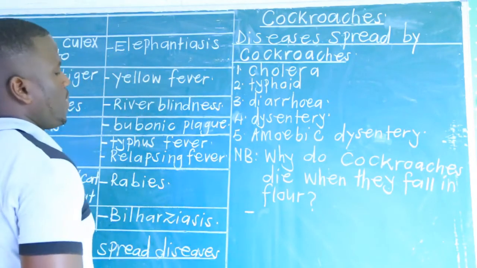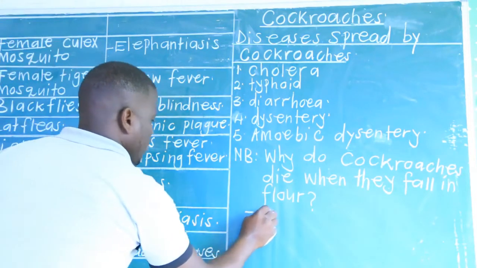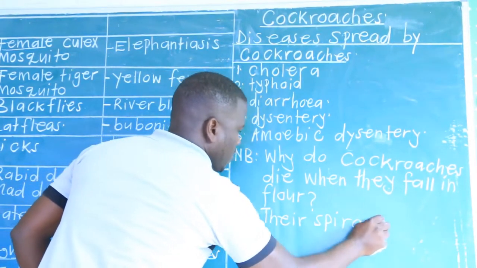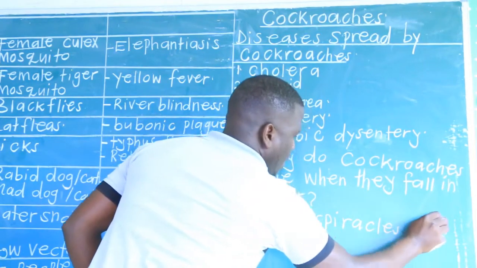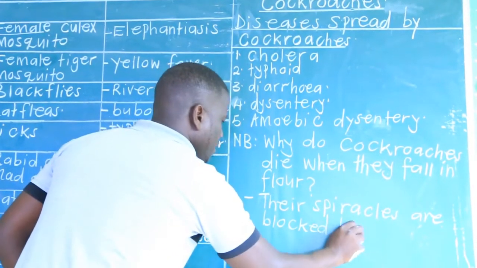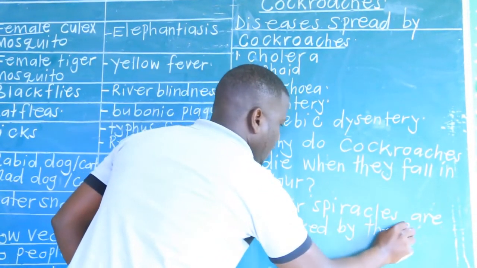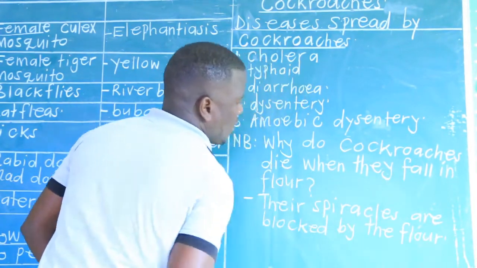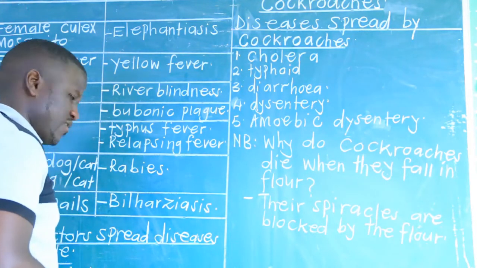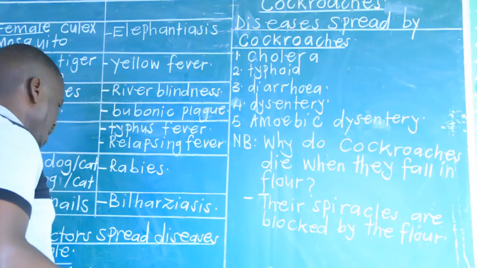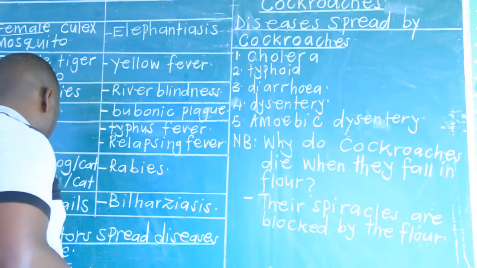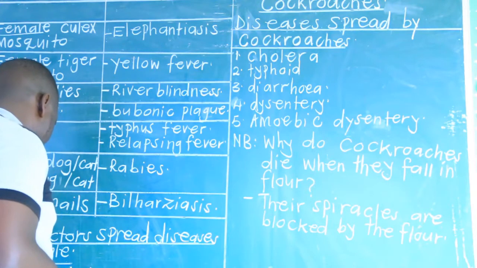So we shall say their spiracles are blocked by the flour. So once the spiracles are blocked by the flour, then they stop breathing. And once they stop breathing, then they die.